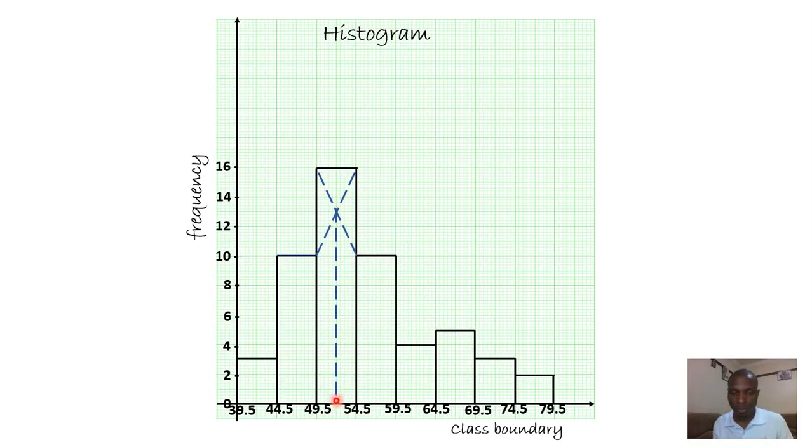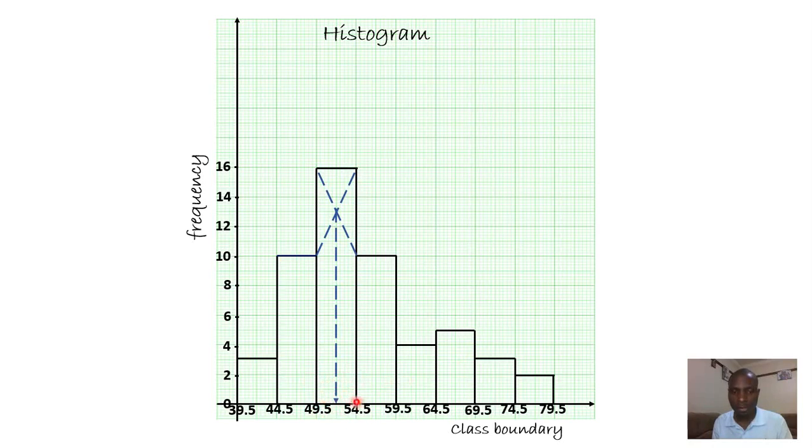At this point, that's where the line is going to meet the horizontal axis. So this is going to be the mode, and we need to read off that value. Remember that the class interval is 5, so from here up to here is 5. If you divide 5 by 2, you get 2.5.